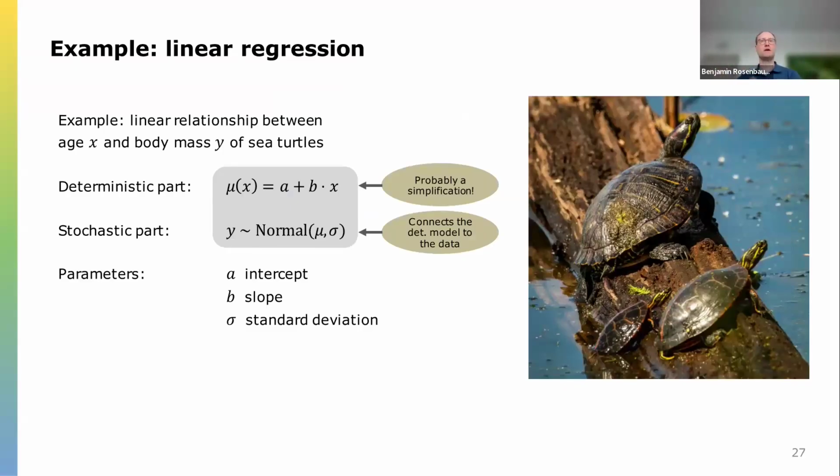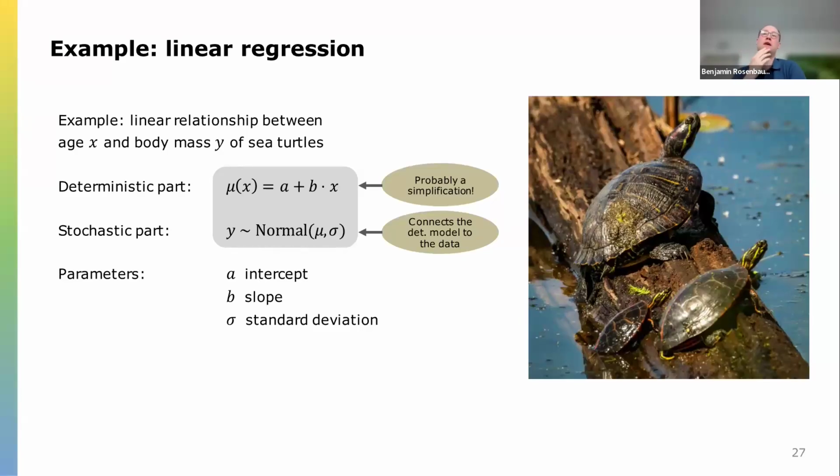Let's go on to a simple example here. So imagine you want to measure some linear relationship between age and body mass, and I want to fit a linear regression here. I chose sea turtles here because I can be more sure that in this example this relationship will be monotonous.